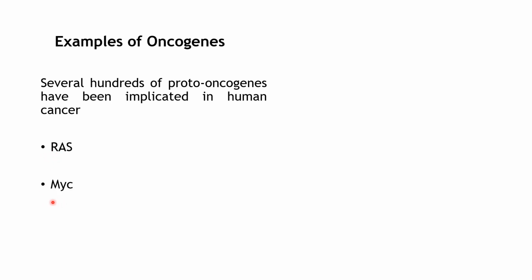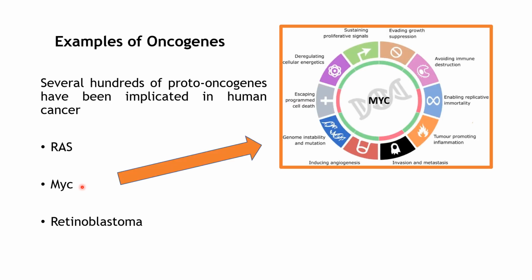Another very important one is MYC, also an oncogene, and then retinoblastoma, which we will talk about in class. All of them are oncogenes. MYC is involved in all these different hallmarks of cancer, which we will talk about.